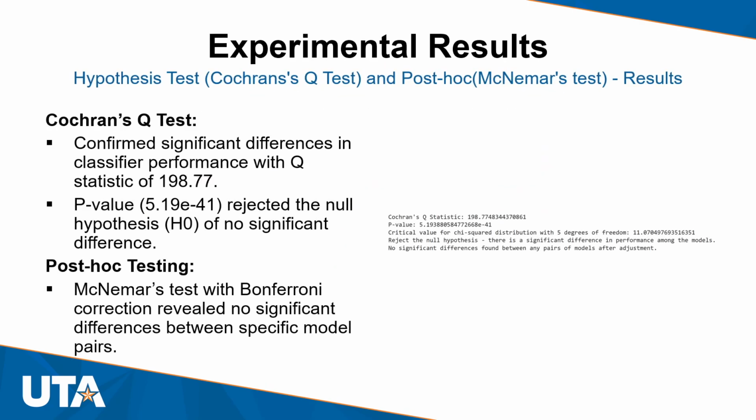Hypothesis testing. Cochran's Q test confirmed significant differences among classifiers with a Q statistic of 198.77. However, McNemar's test with Bonferroni correction didn't reveal significant differences.